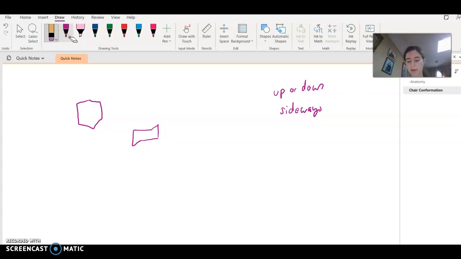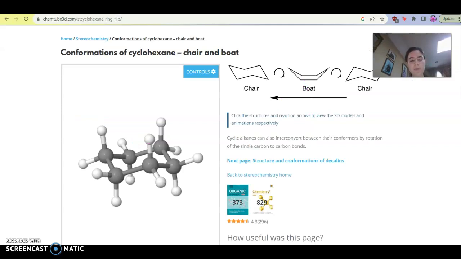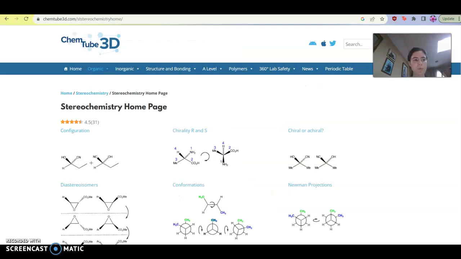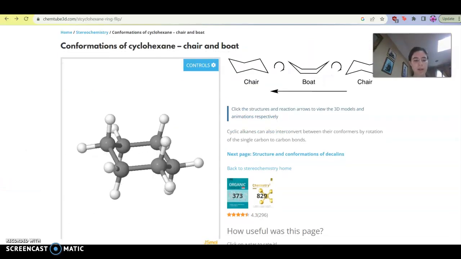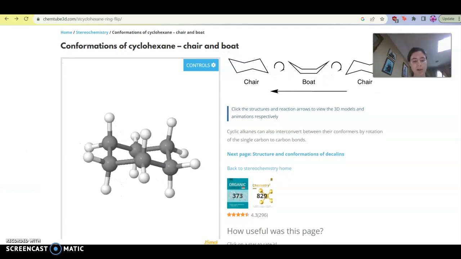Now let's bring back our 3D model. If you notice, there are some that go directly up, like these ones here, and directly down, like these ones. And then some go sideways, but they're not completely sideways. This one is tilted up a little bit, and this one is tilted down.